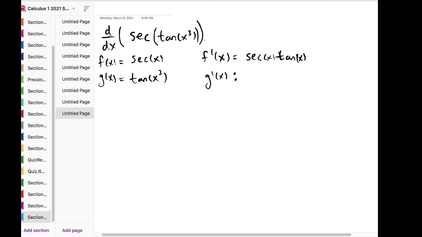So if it's a composite, maybe let's use different letters. It's like u of x and v of x. What would your f and g for your new composition be? Right. So the f would be tan, but I'm just using a different letter, and the v is x cubed.